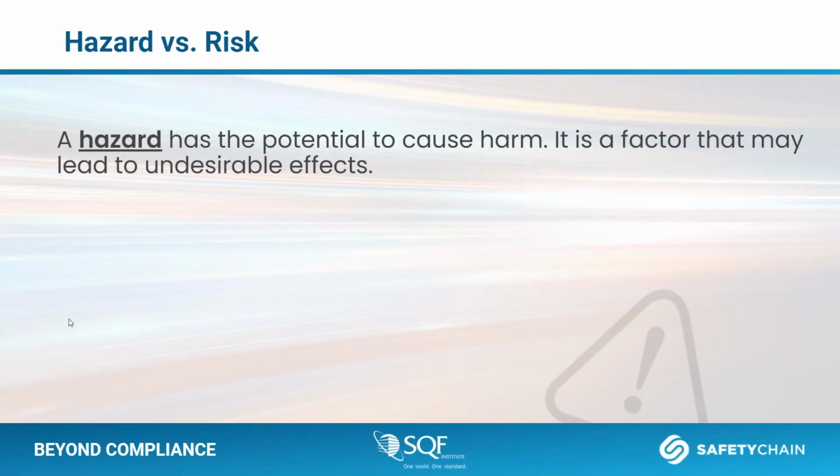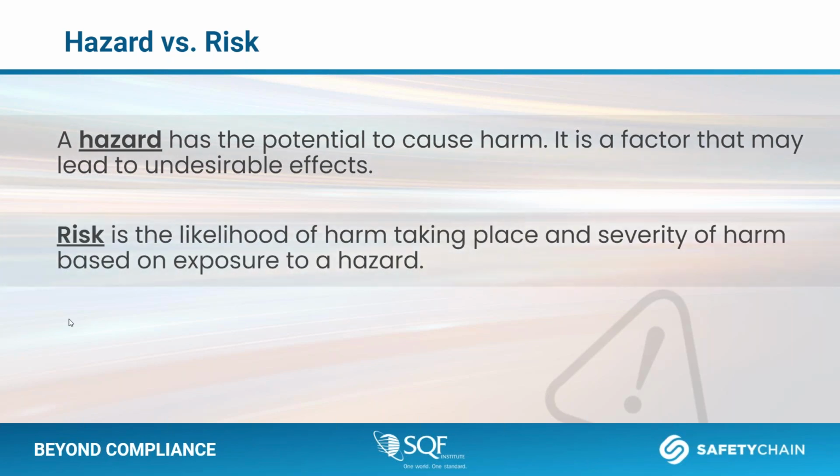But first, I want to just give you a quick reminder of what hazard and risk means. So we talk about a hazard analysis, we talk about a risk assessment. So a hazard is those things that have the potential to cause harm. So you're looking at physical contaminants, biological, chemical. So you're identifying those hazards that can lead to that undesirable effect.